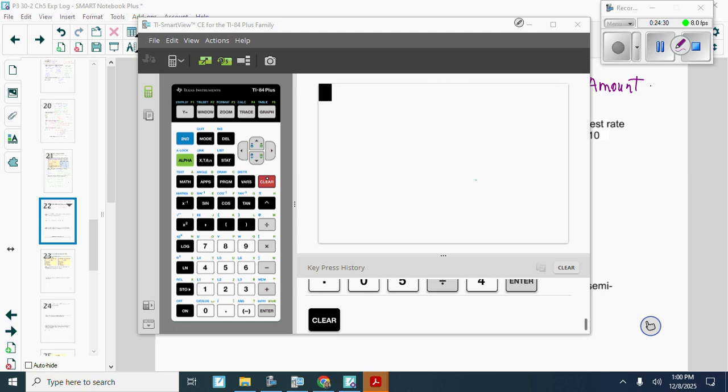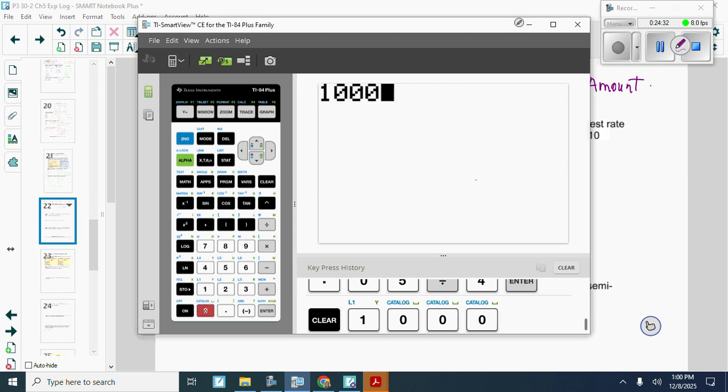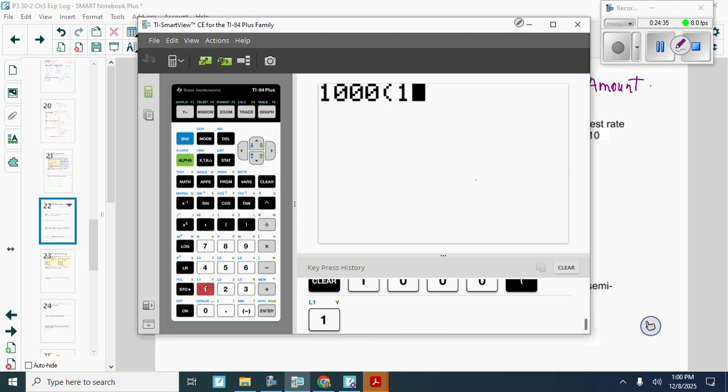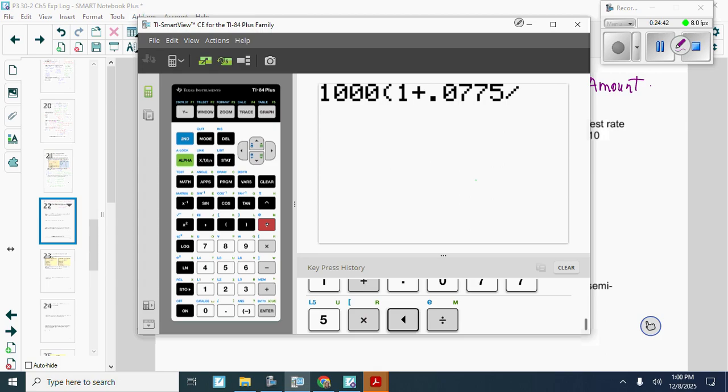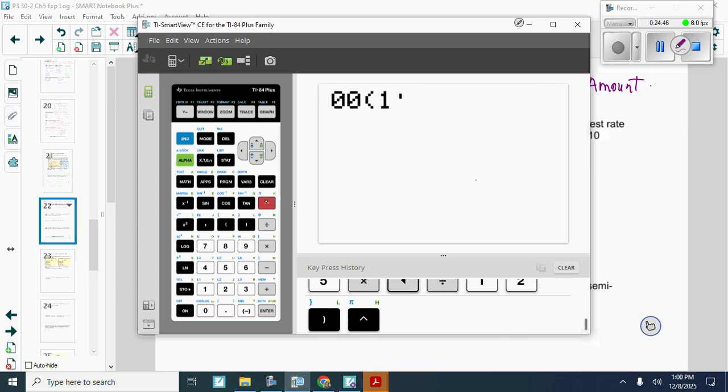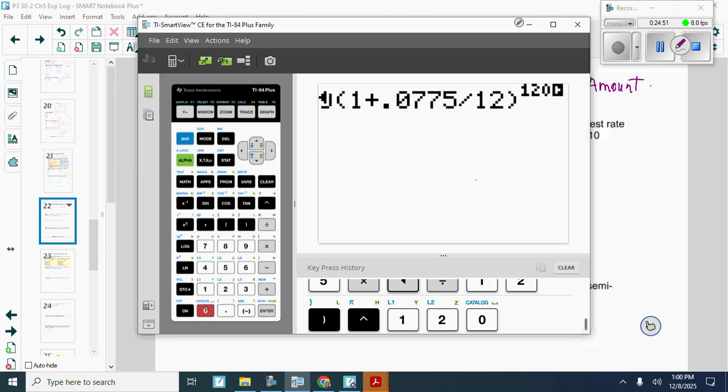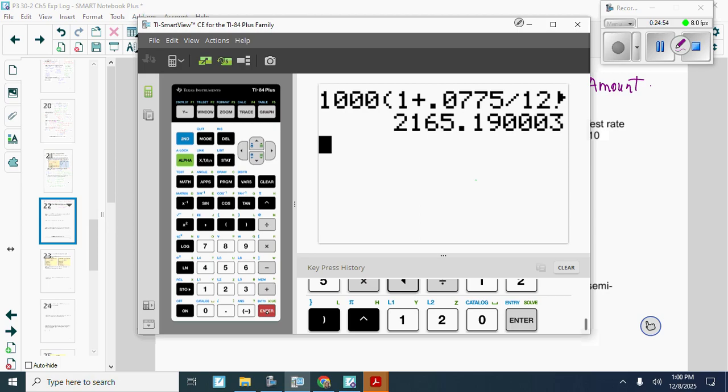So we have 1,000 times 1 plus 0.0775 divided by 12, end bracket to the exponent 12 times 10, which is 120. Okay, so it looks like I got 2,165.19.